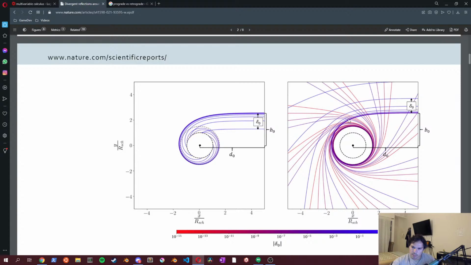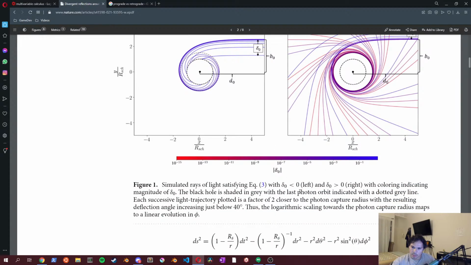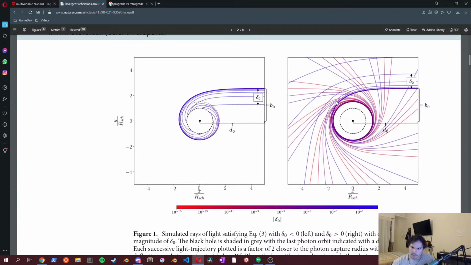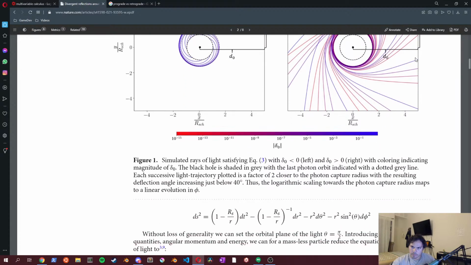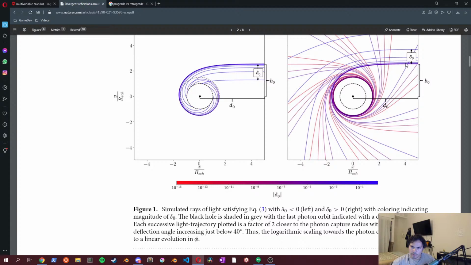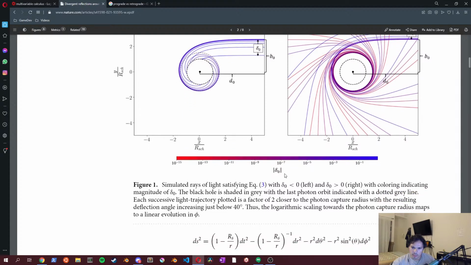These are all the trajectories coming in, and they're saying that they plotted a bunch of input distances here that are factors of 2 closer or further away from this B0 point.